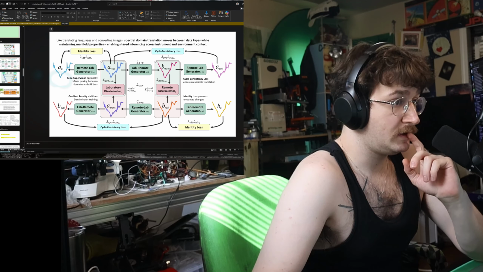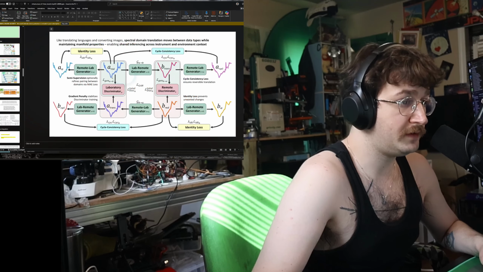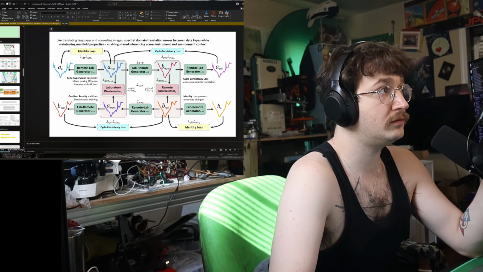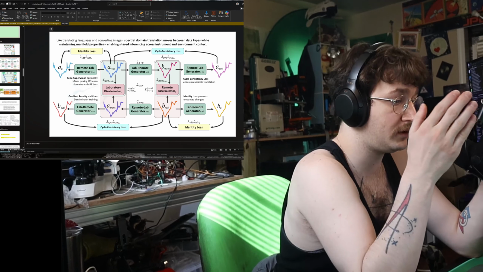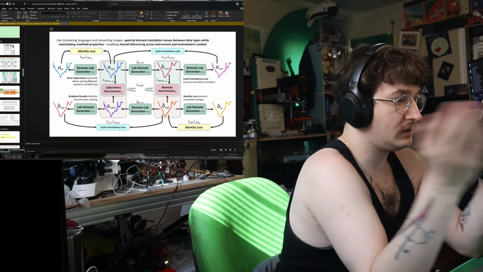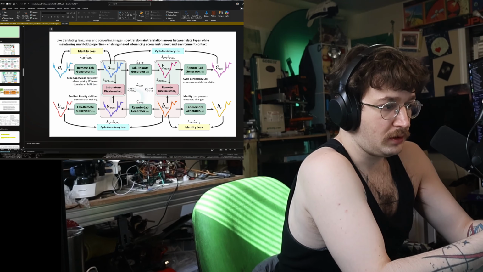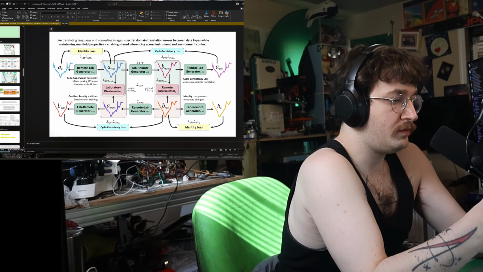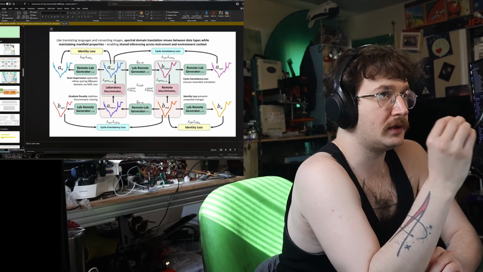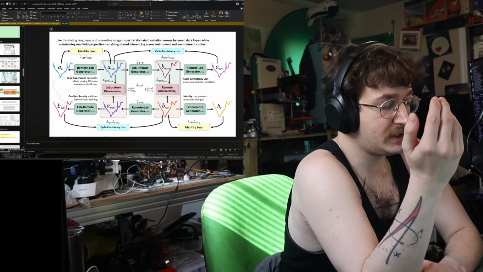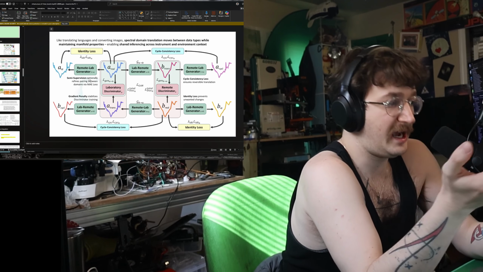Essentially, UV CycleGAN is a domain translation model. So domain translation is just taking from one type of data or one domain of data to another. And our different domains here are called remote and lab. Remote being low resolution data acquired from a spacecraft remotely, and lab being high resolution data acquired in a lab instrument.